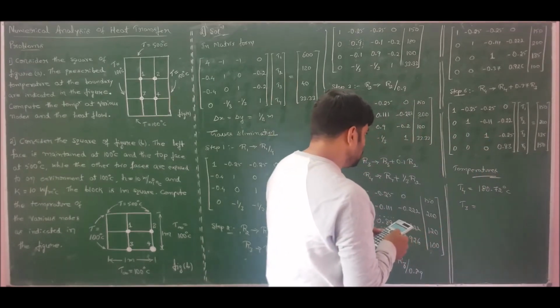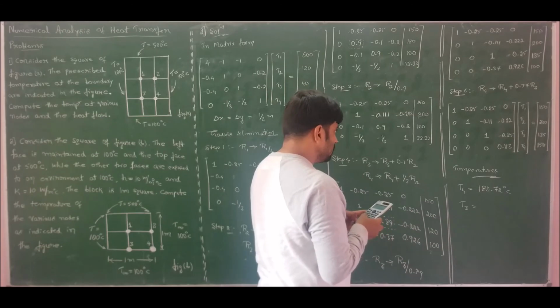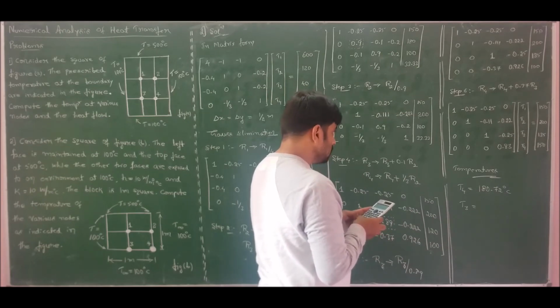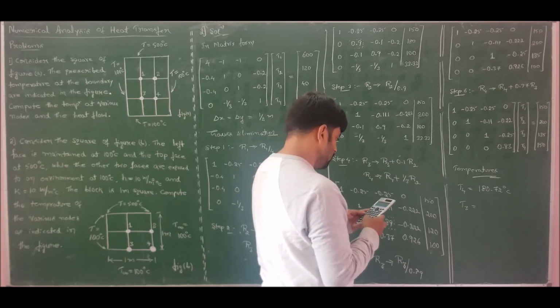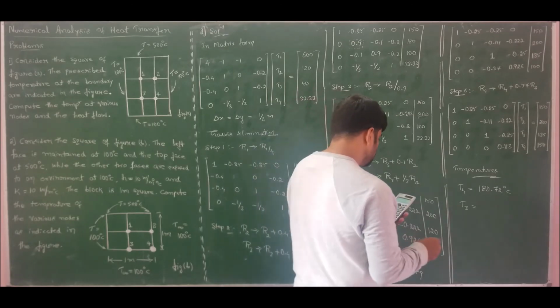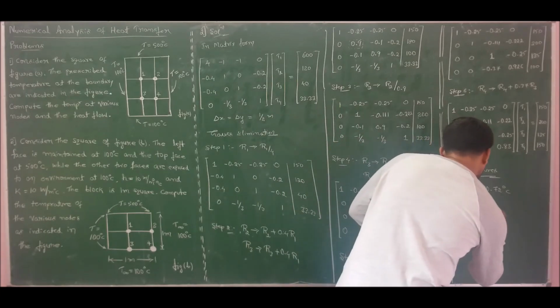From equation 3, I will get T3 as 135 plus 0.25 into the answer, which is 180.18.